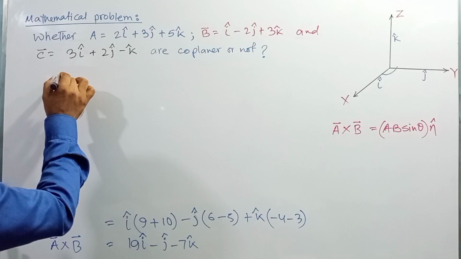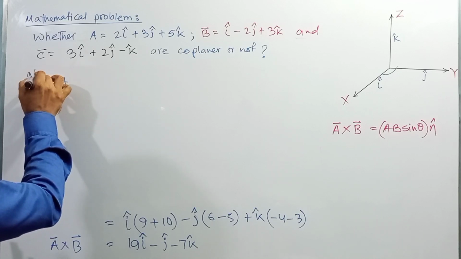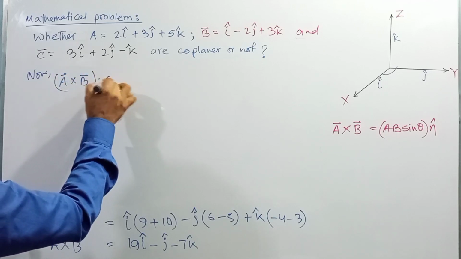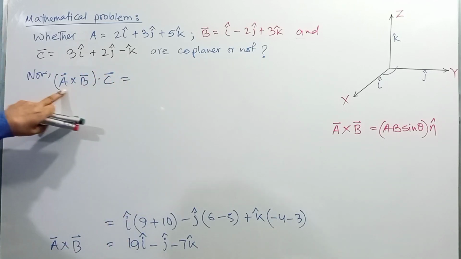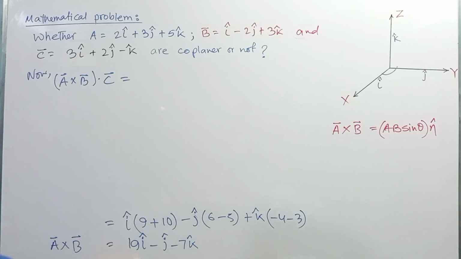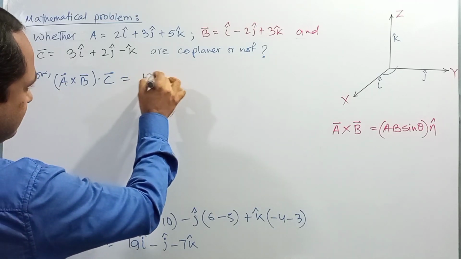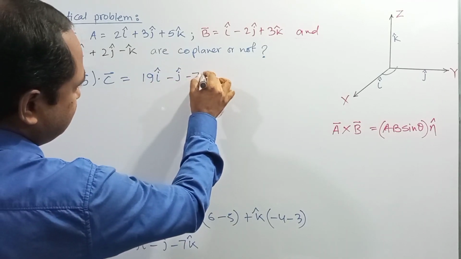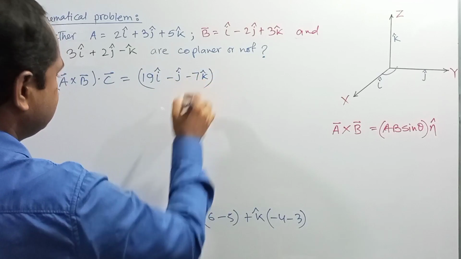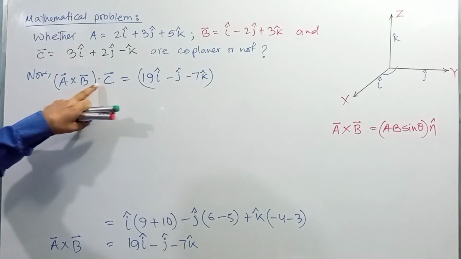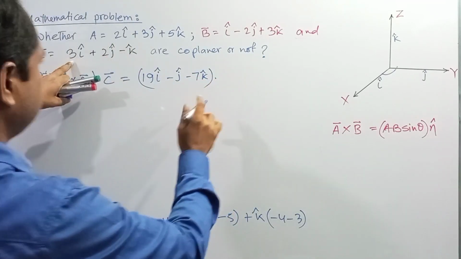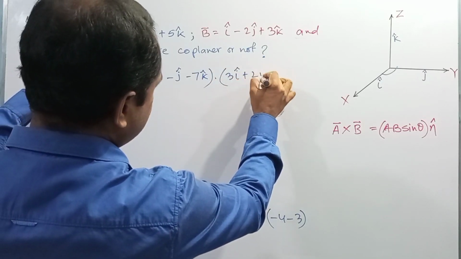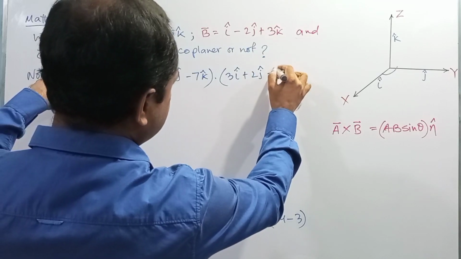We are going to get A cross B dot C. So A cross B gives 19i minus j minus 7k, and C gives 3i plus 2j minus k.